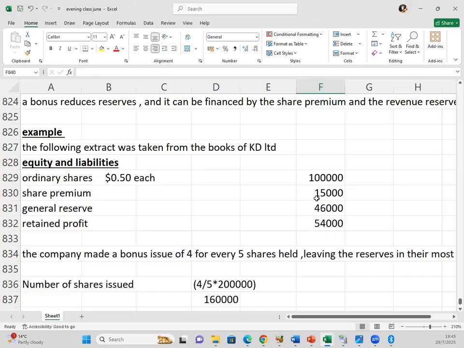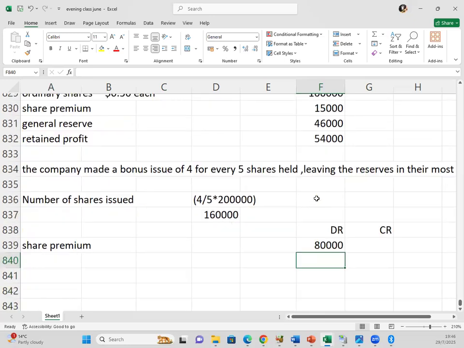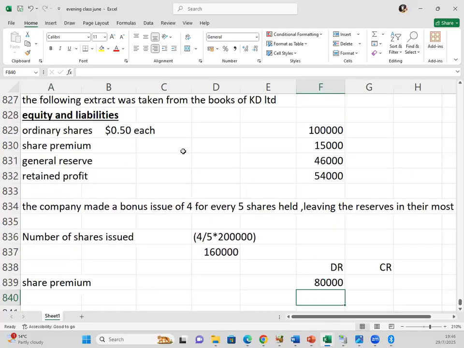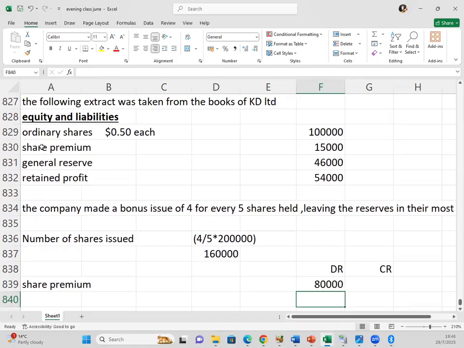premium. I'm recording this so I'll send it so that you try to go through it again in the event that you miss anything. So we are saying that we are supposed to debit the reserves, and these are the reserves. Let me highlight the reserves.